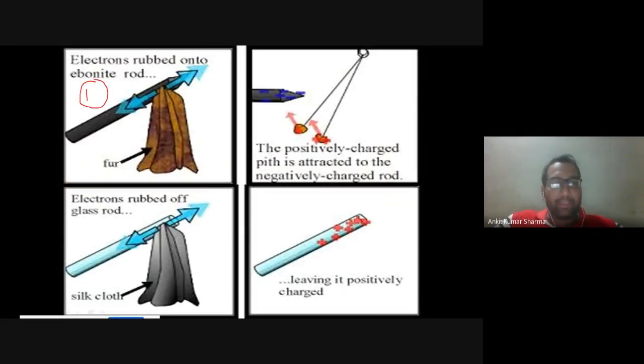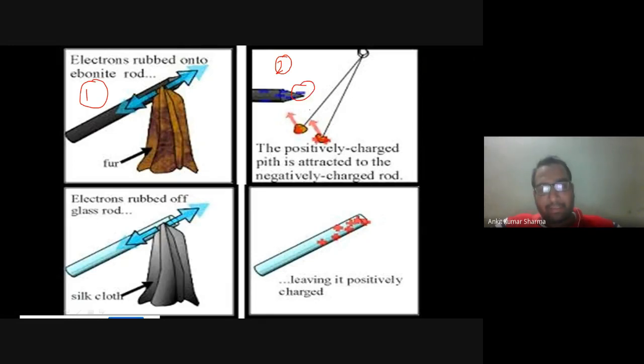In the first diagram you can see that an ebonite rod is rubbed with fur. What is the consequence of this? Then you can see in figure number 2, when this ebonite rod is rubbed by the fur, the ebonite rod becomes negatively charged.